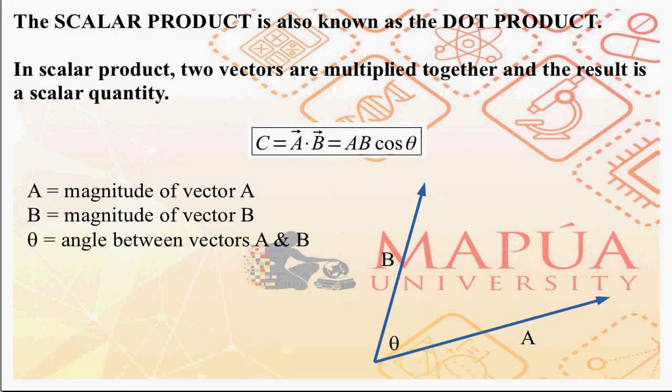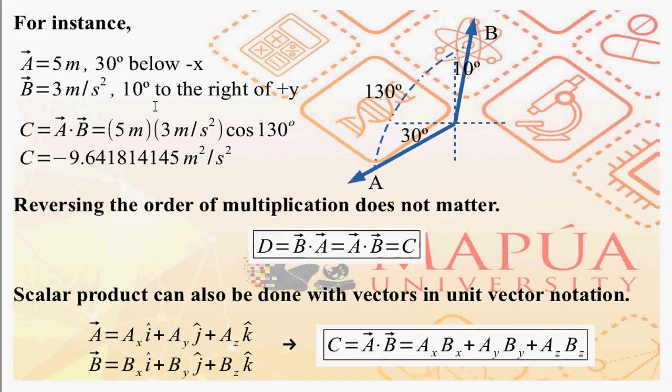So for example, consider the following situation. You have two vectors, vector A, 5 meters, 30 degrees below negative x. Vector B, 3 meters per second squared, 10 degrees to the right of positive y. Even though they have different units, you'll be able to multiply the two vectors. Draw the two vectors. Vector A, 30 degrees below negative x.